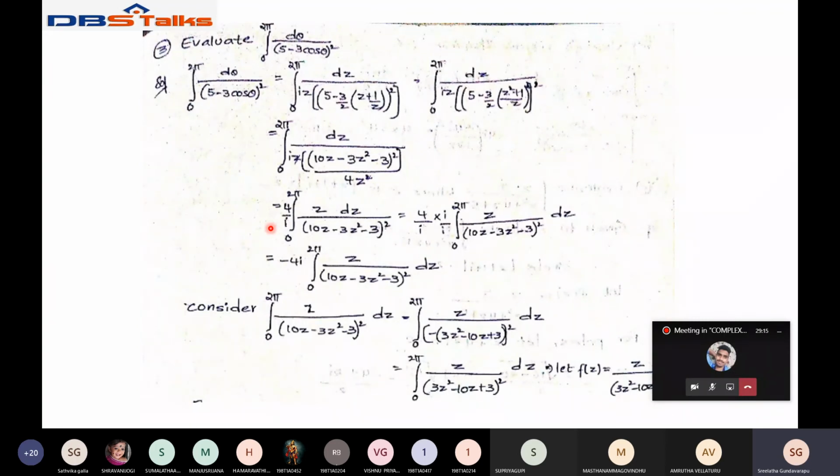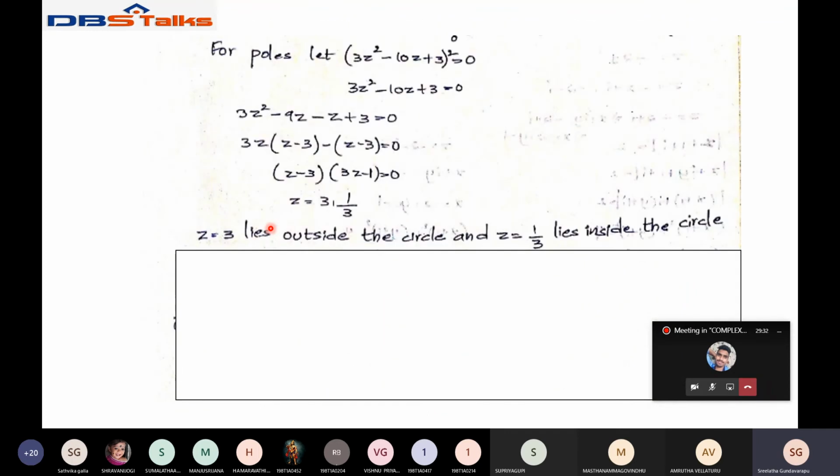Let f of z be z by (3z square minus 10z plus 3) whole square. For poles, the denominator equals 0, that means 3z square minus 10z plus 3 equals 0. Then we get the poles z equal to 3 and 1 by 3.